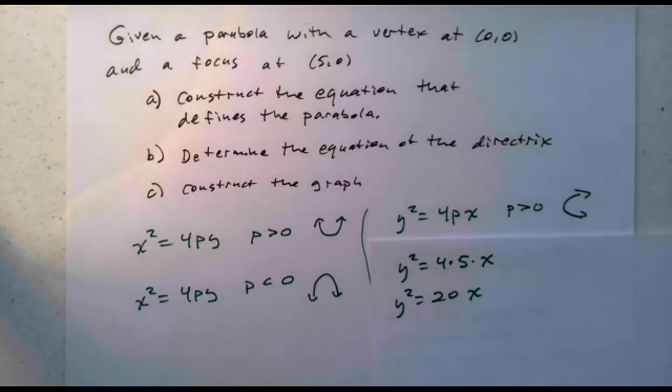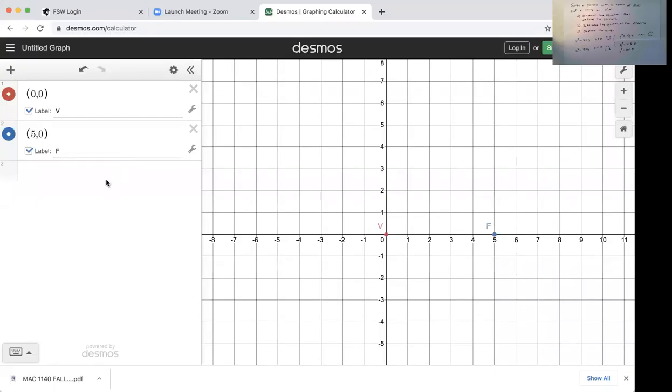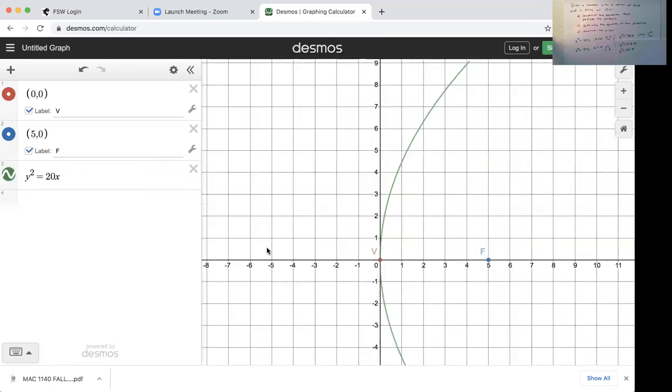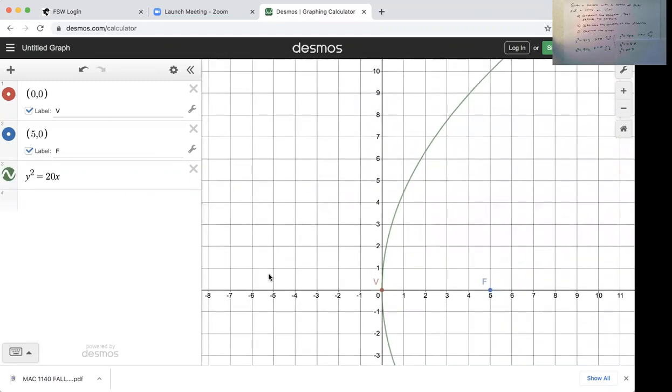Let's take a look on Desmos and see if that's the case. Y squared equals 20x. And indeed, there's the vertex, there is the focus, and we can see how that works. There are a couple of points that are interesting here that we'll look at shortly.